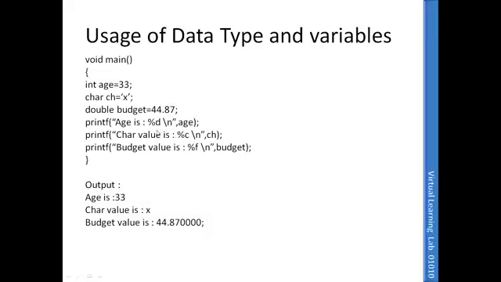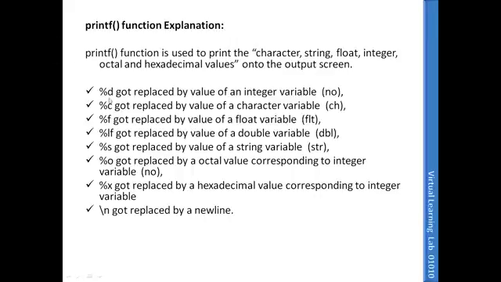Each of d, c and f carries the respective type of value which we are going to print via printf. For example, %d gets replaced by the value of integer variables, c for character, f for float, lf for double variables. And \n is for a new line.